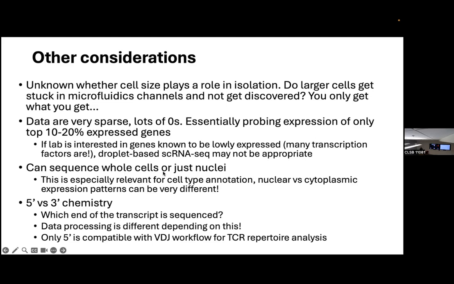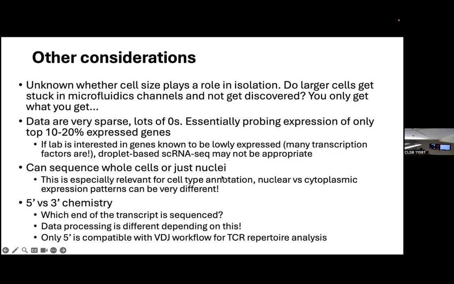Some people will do all of this using whole cells. Others will isolate nuclei first. And it's just important to note that once you get into annotation of the cell types, or nuclear types, I guess, those expression patterns can be different depending on which compartment the RNA molecules were isolated from.